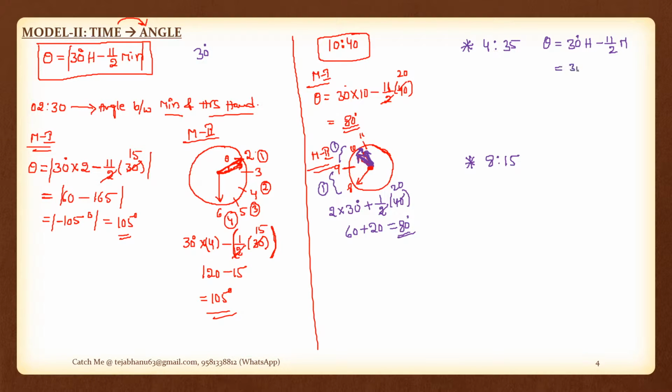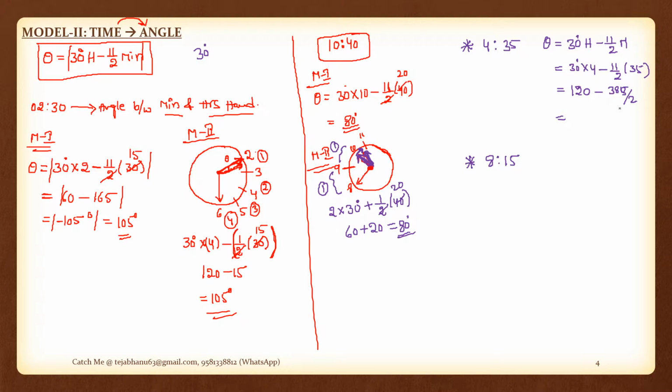That is 30 degrees into 4 minus 11 by 2 into 35. 30 into 4 is 120. 120 minus 385 by 2.